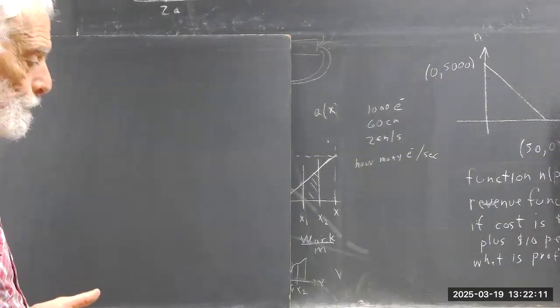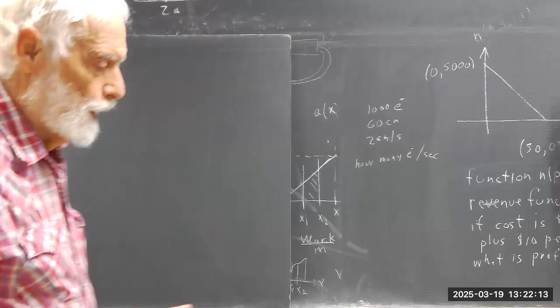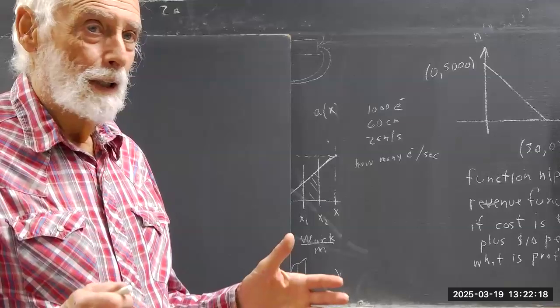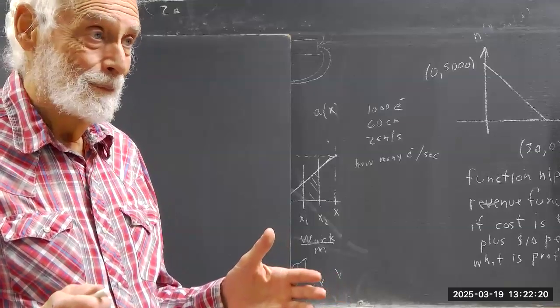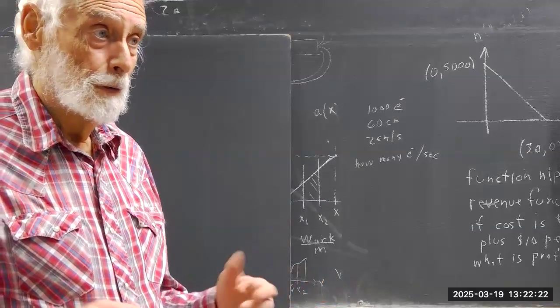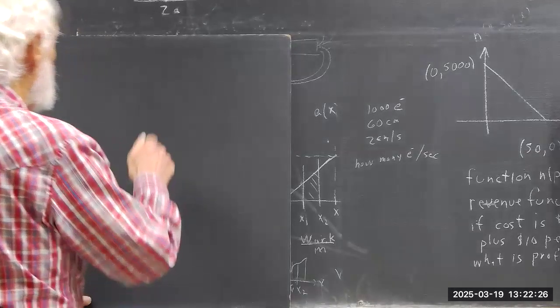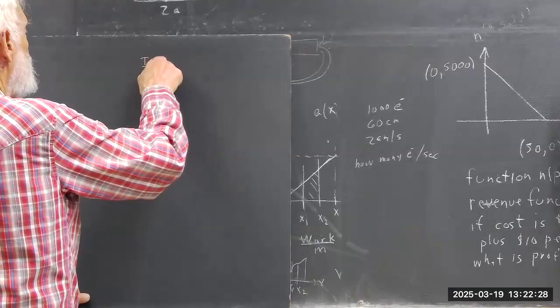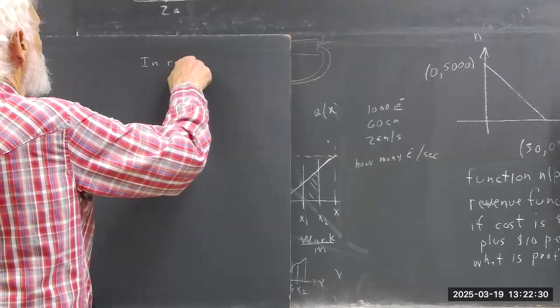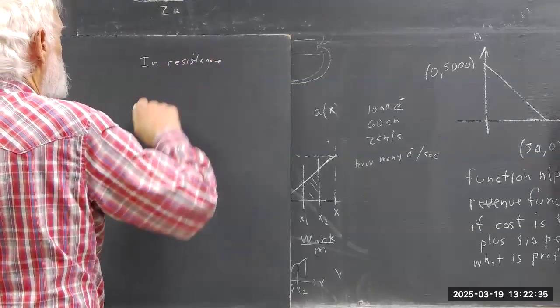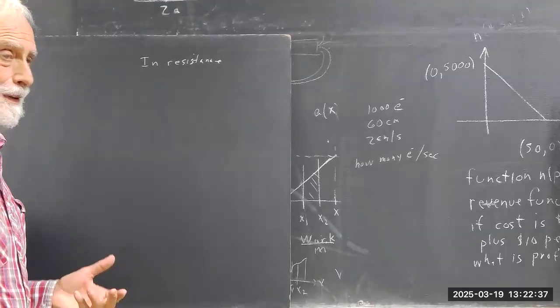We already know that if you divide the potential difference by the length of a wire, you get the electric field. So in a wire, say in a resistance wire, any wire is a resistance wire because it has resistance.